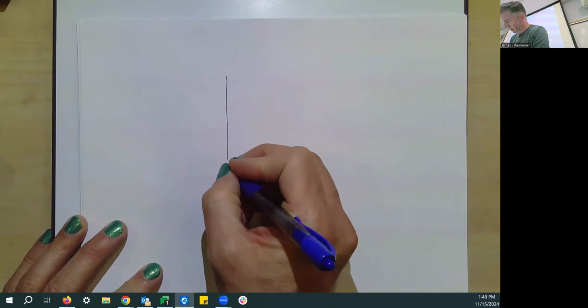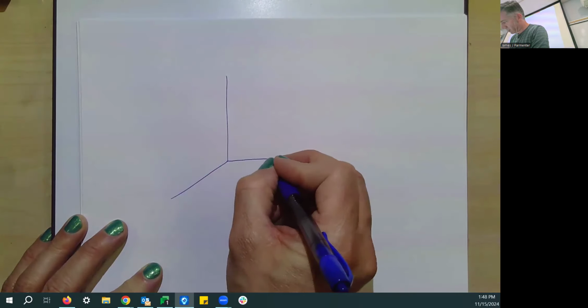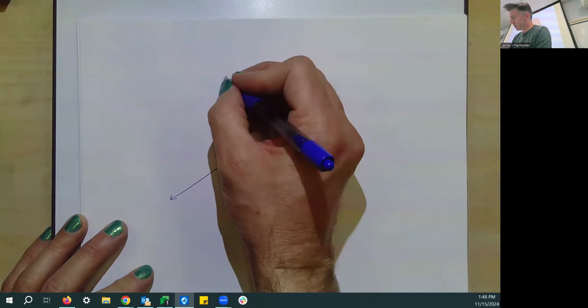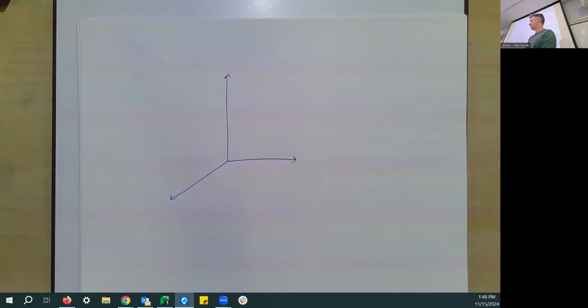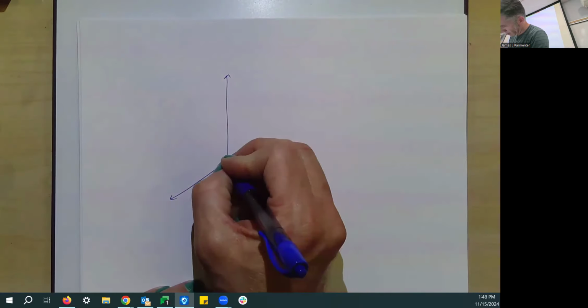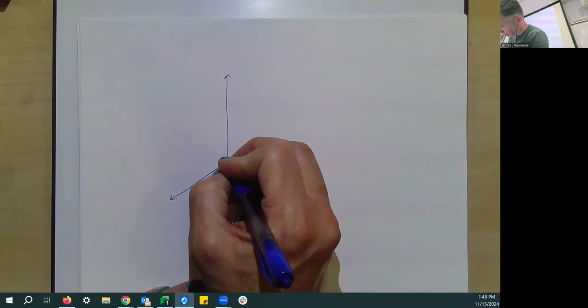I don't know. This might require too much thinking. So we've got a vector, and we know it's making a 60-degree angle with the x-axis. I hate drawing in 3 dimensions. Okay, we're going to pretend this doesn't look terrible.